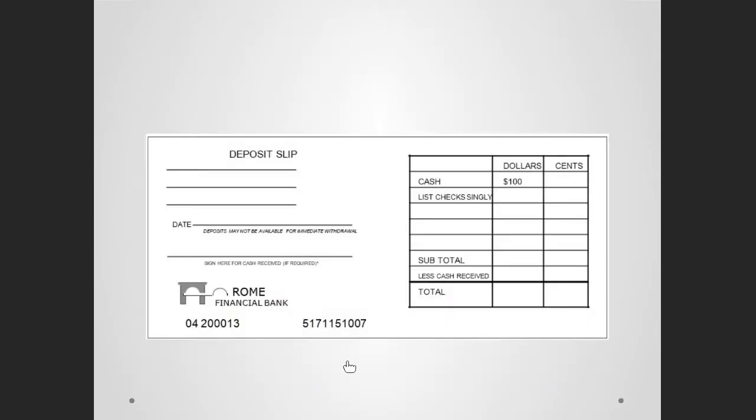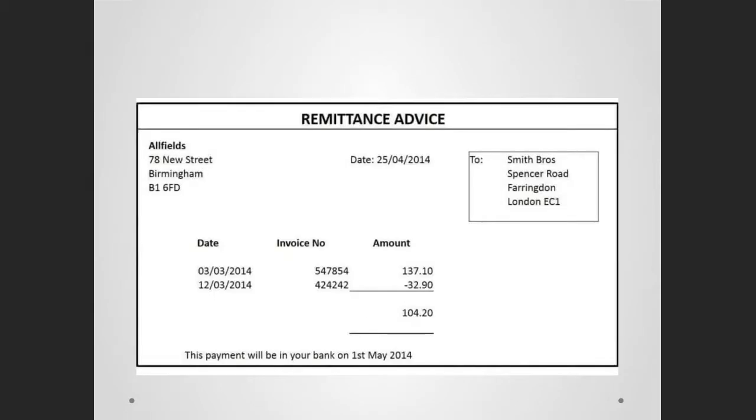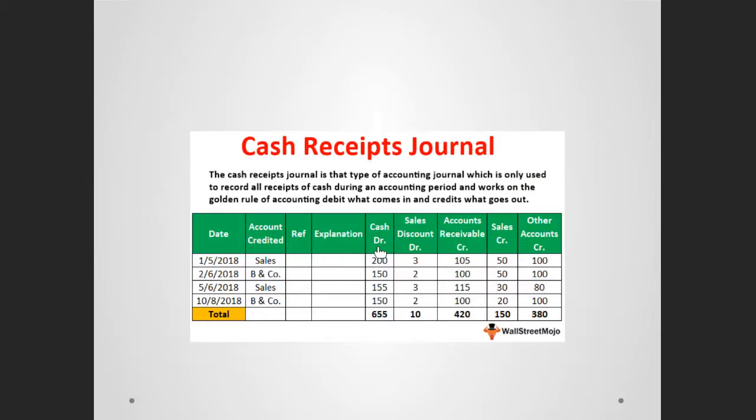The deposit slip shows individual amounts, individual checks that you can compare with the cash receipts journal. So let's say all of this happened in the same day. The bank statement will only show this amount. The deposit slip will show the details, okay?